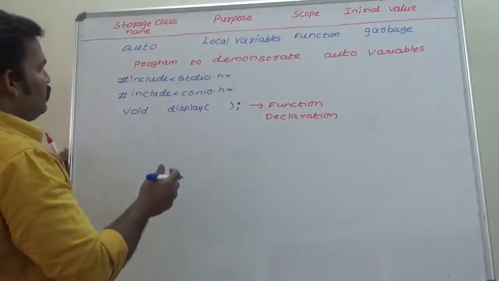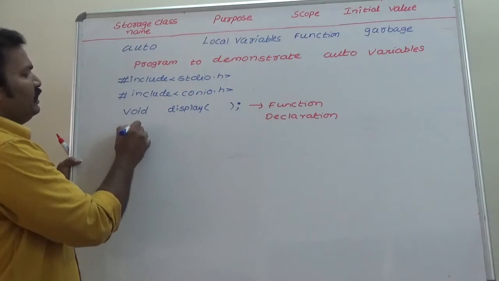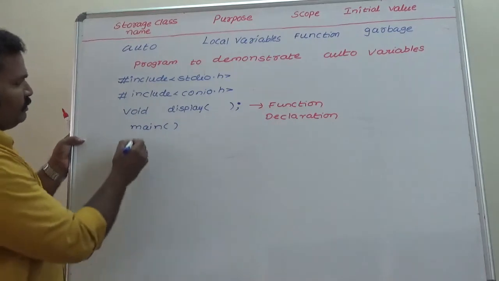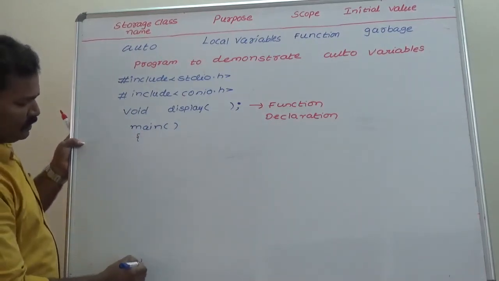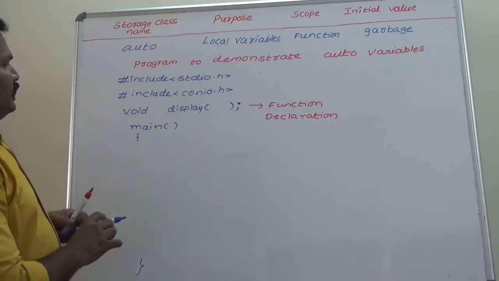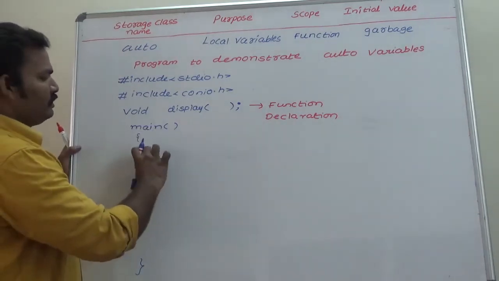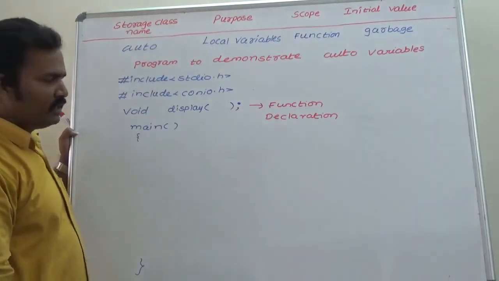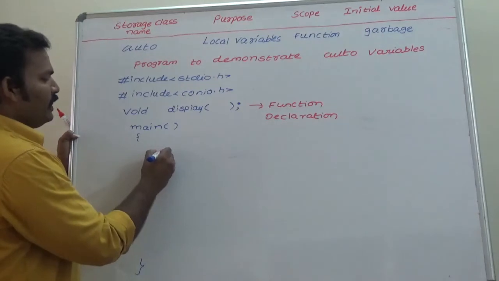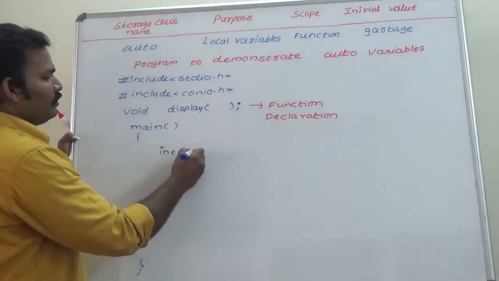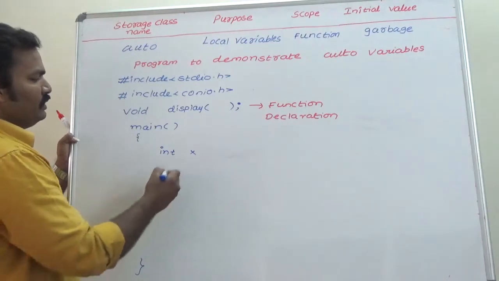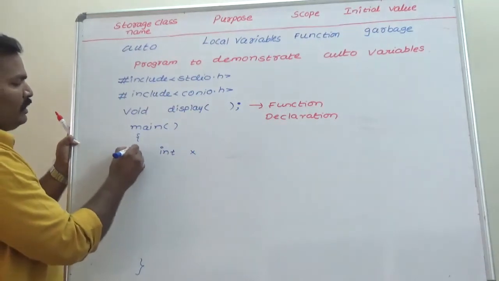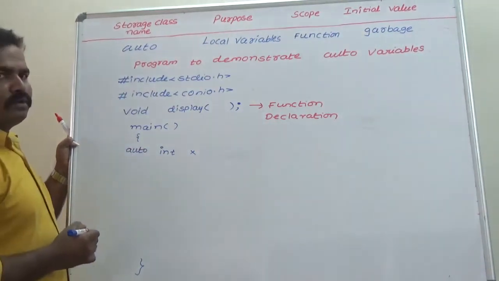After the function declaration, I am writing the main function section, with opening brace and closing brace. In the main function, the first part is the declaration part. The declaration part contains local variable declarations. In this, I am declaring one variable x, data type int, variable name x, and for this variable I am using auto storage class.